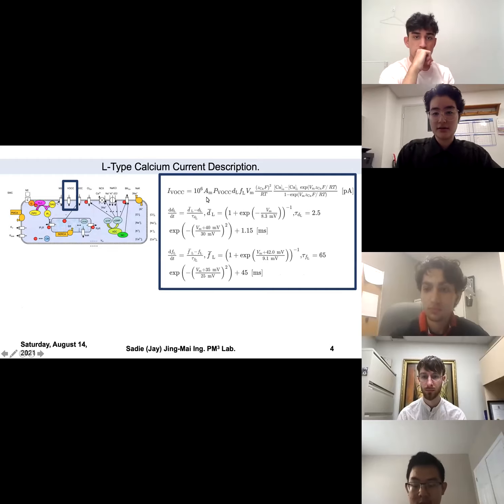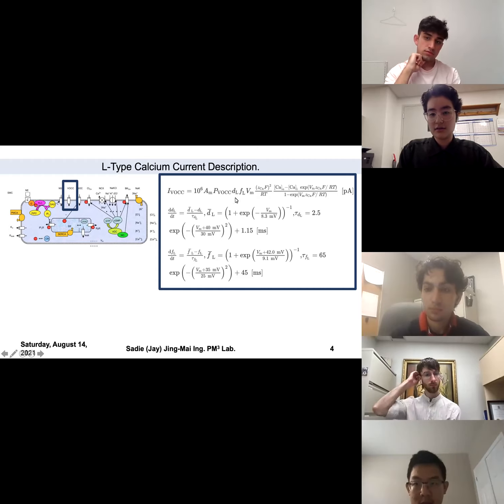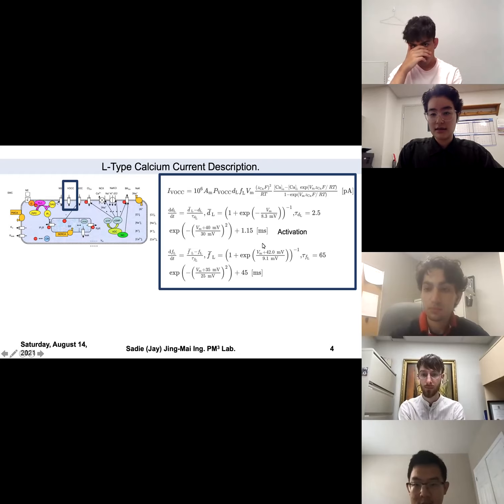AM here is the surface area. PVOCC is the conductance. DL here is the activation, which is also written here. FL is the inactivation, which is written down here. And of course, this equation is dependent on CAO and CAI.